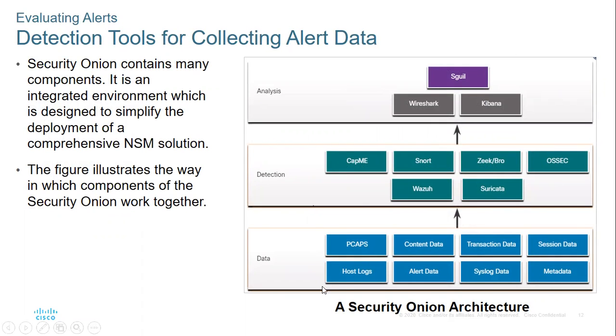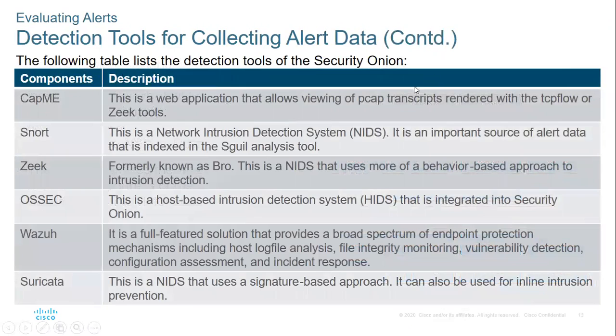Do you remember this? I've just talked about this. Different types of data, and then we have the detection tools we are going to use. On top here, we have the tools that we use to analyze data.